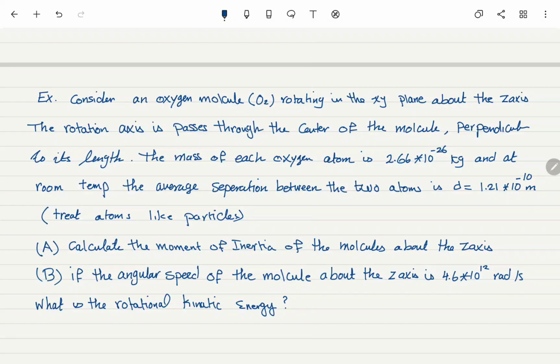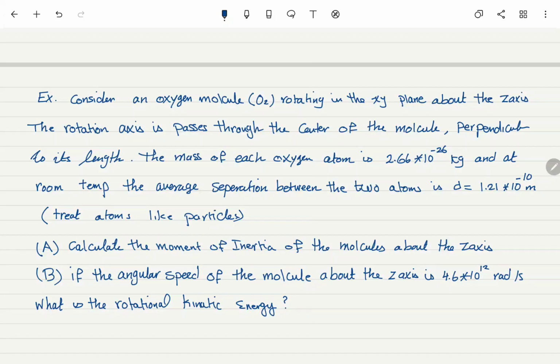Now, in this example, consider an oxygen molecule rotating in the xy plane about the z-axis. The rotation axis passes through the center of the molecule, which is also perpendicular to its length. The mass of each oxygen atom is equal to 2.66 times 10 to the power minus 26 kilogram, and at room temperature, the average separation between the two atoms is equal to 1.21 times 10 to the power minus 10 meters.